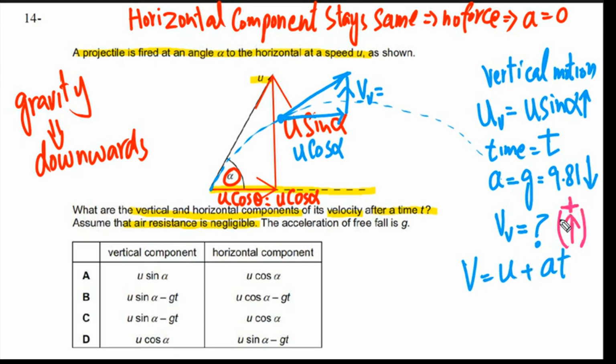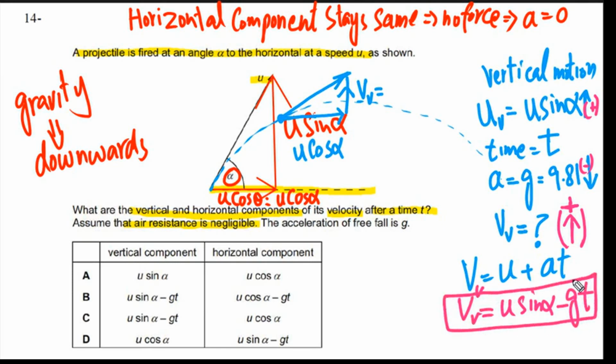So with up as positive, the initial velocity is positive but the value of a will be negative. Now just plug in values. So this is u sine of alpha minus g times t, the vertical component of velocity after time t.